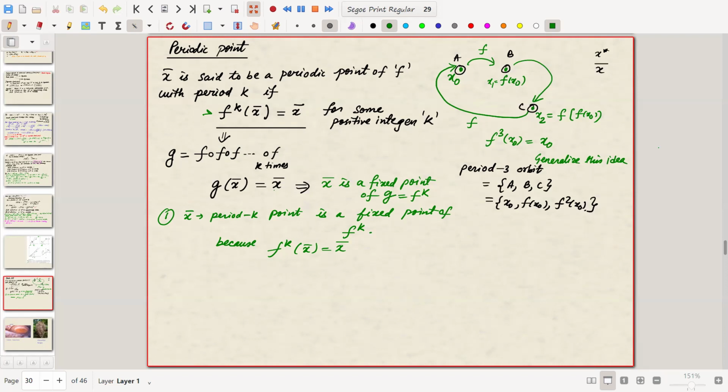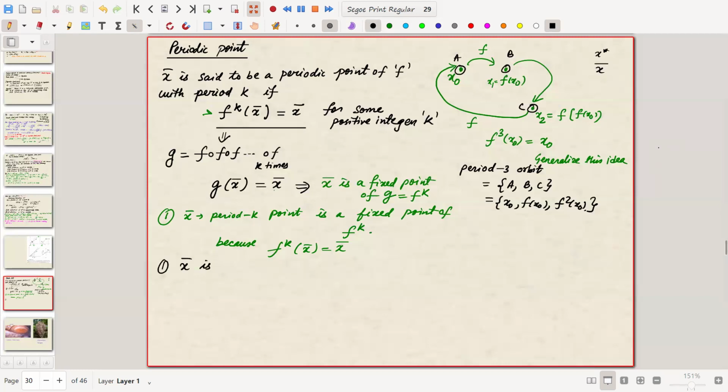Now, as one of you pointed out, how can we determine the stability of this periodic point? Again, the same concept, all boiled down to the derivative. Now we ask when a fixed point is stable. Sorry, when a periodic point is stable.